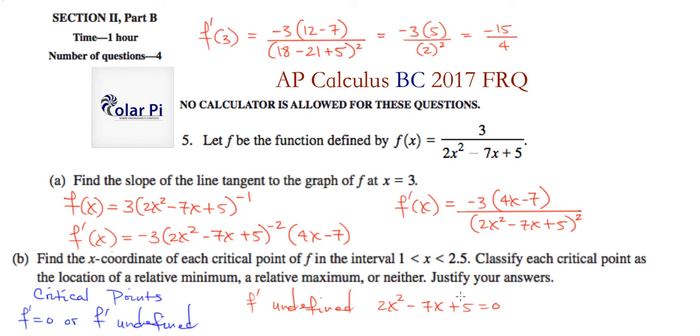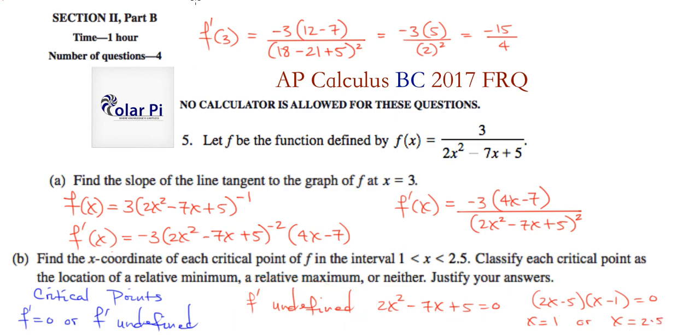A factored version of this quadratic would be (2x minus 5) times (x minus 1) equals 0. And so that says x equals 1 or x equals 2.5 are the critical numbers we'd get from f prime being undefined.